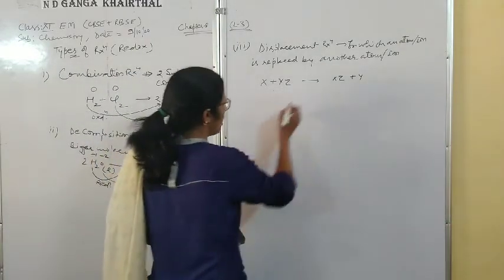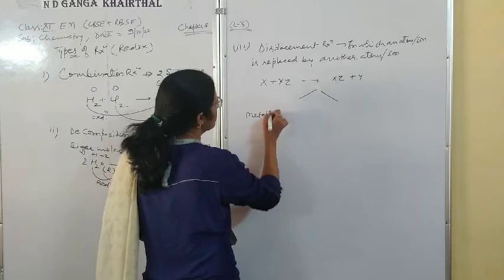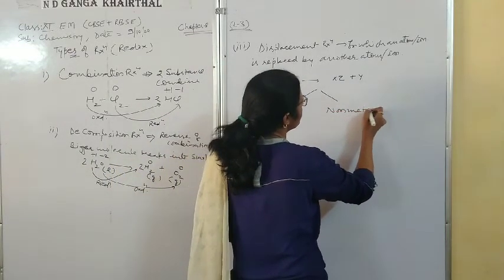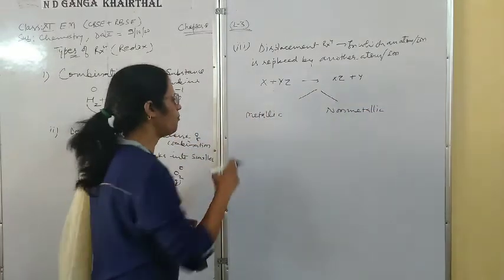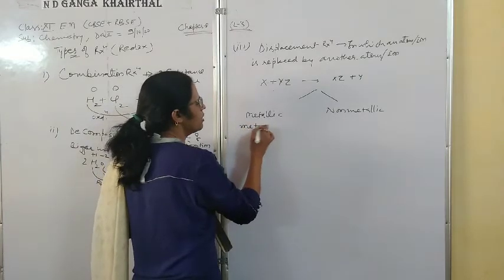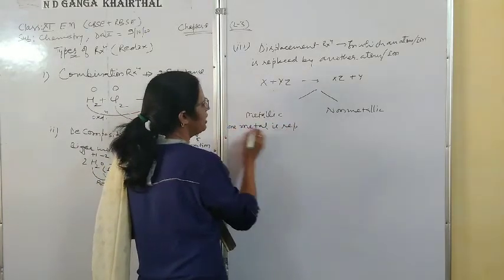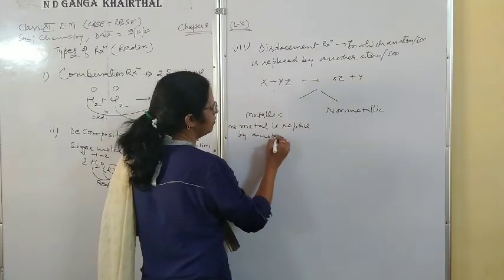Displacement reactions are again of two types. One is metallic displacement and another is non-metallic displacement. In metallic displacement, one metal is replaced by another metal.